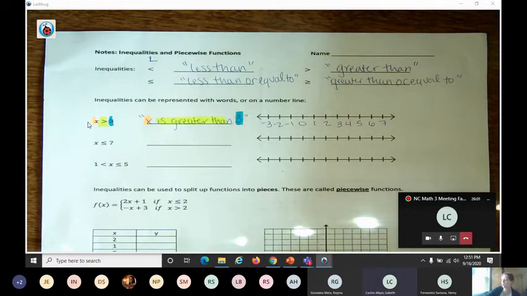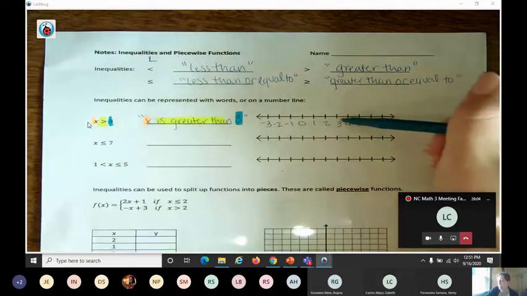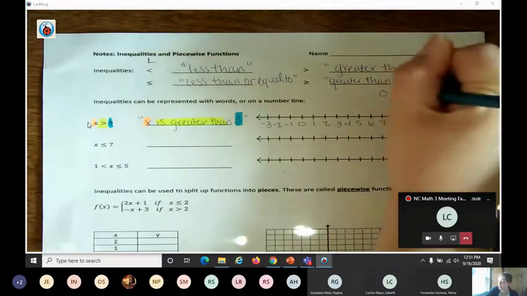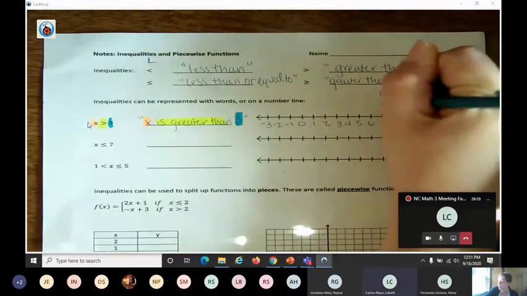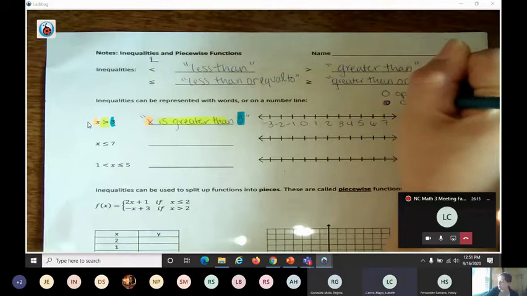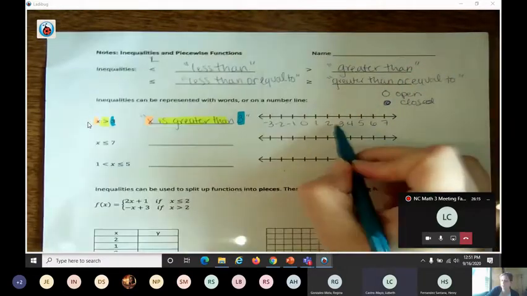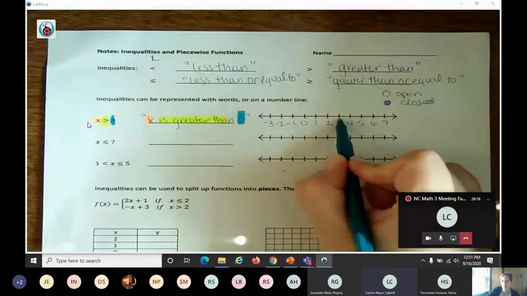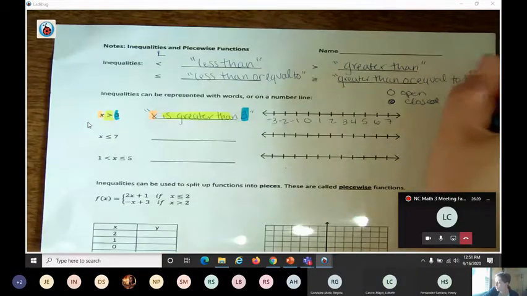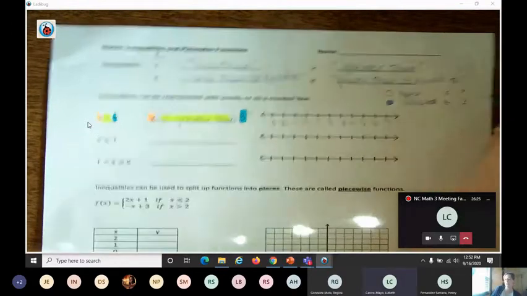So we're going to put our dot at 3. Is it going to be open or closed? Remember, this is open. This is closed. What should go right here? Closed. So it's closed when you have either less than or equal to or greater than or equal to, and open if you have less than or greater than.